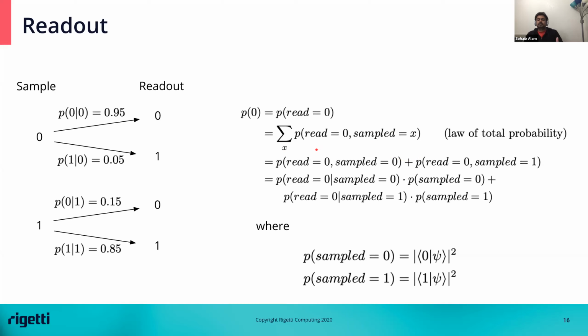If you have some sort of sample space, and you're considering the probability of some event, then you can say that the probability of that event is the probability of this event and some other event, plus the probability of this event and some other event, and you sum over all those other events such that they sum totally to the entire sample space.